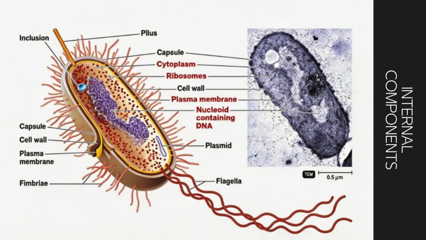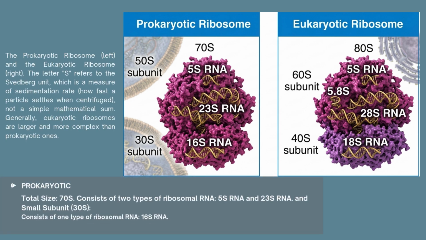Cytoplasm and internal components. The cytoplasm is a gelatinous matrix that fills the interior of the membrane, serving as the primary site for cellular metabolism, including glycolysis and biosynthesis. It houses the following components: ribosomes. These are RNA-protein complexes responsible for protein synthesis, translation.